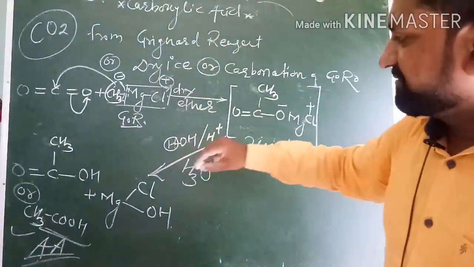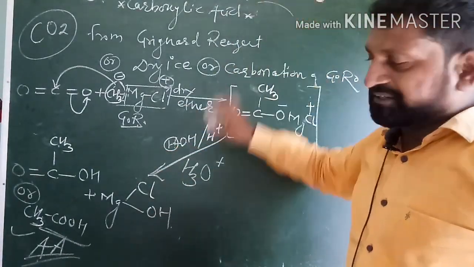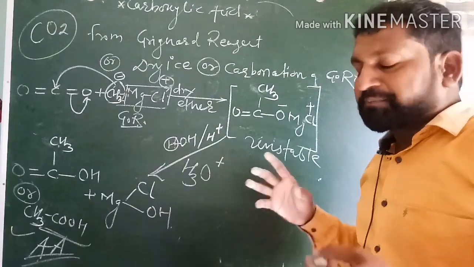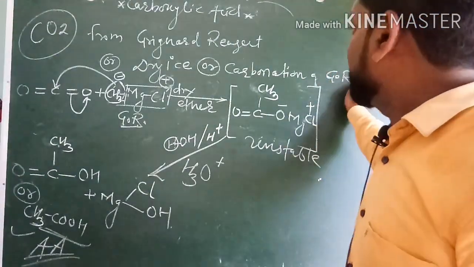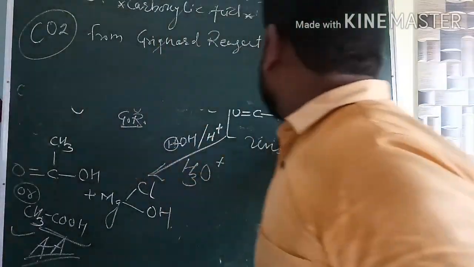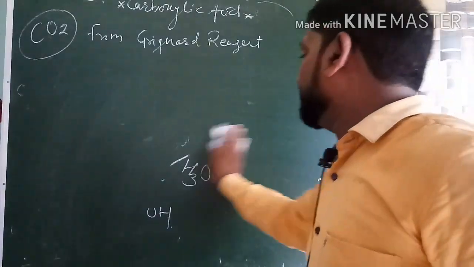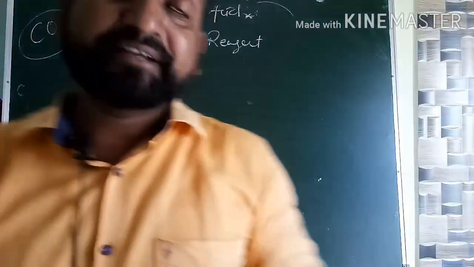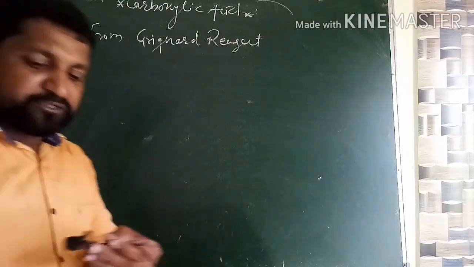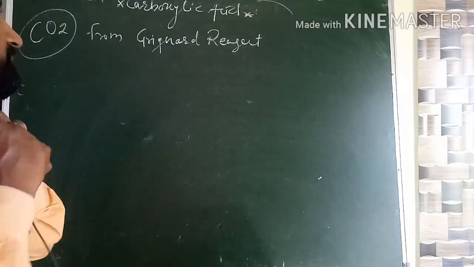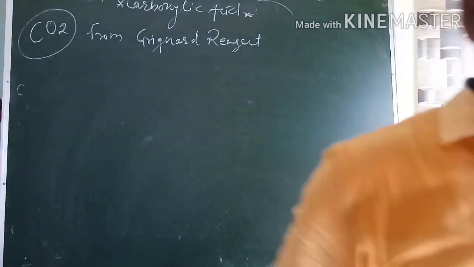You can write the same reaction for any carboxylic acid. For example, if we want to prepare benzoic acid, shall we try? Let's go for another reaction from the Grignard reagent or dry ice, or carbonation of the Grignard reagent. What is our aim now? Our aim is to prepare benzoic acid.